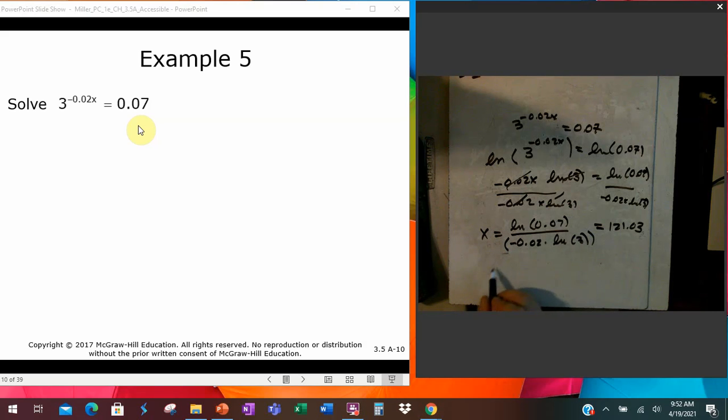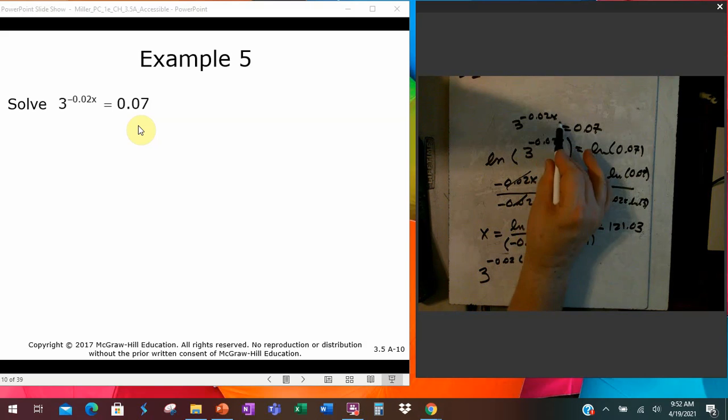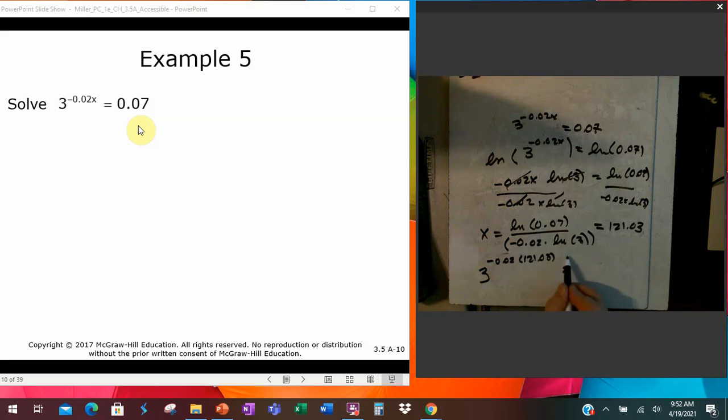Okay, so if I do 3 to the negative 0.02 times my x, 121.03, does that equal 0.07? It's probably going to be pretty close.